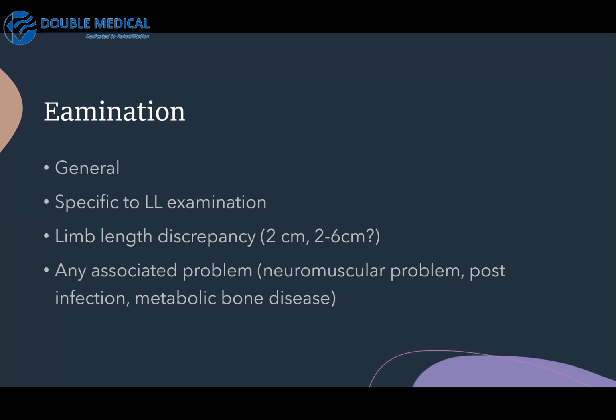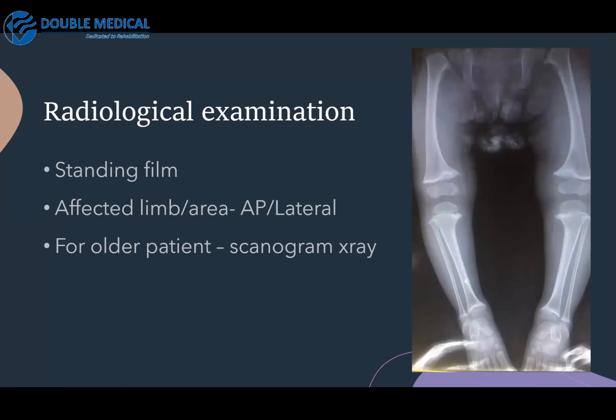For example, in an older age group, we have to do a scanogram, by which we take the X-ray at 3 different areas, which involve hip, knee, and ankle, with the presence of a ruler, because we want to determine how bad the discrepancy is.